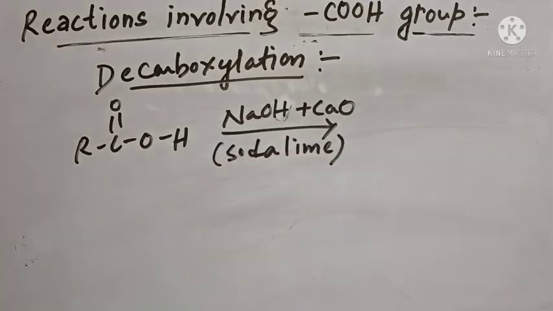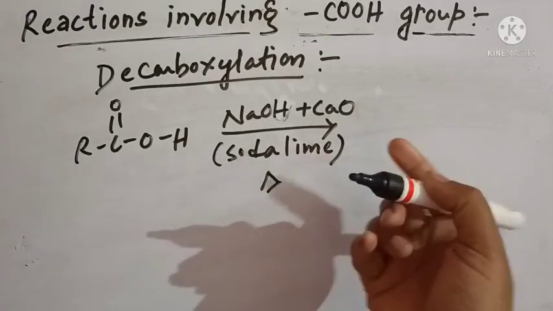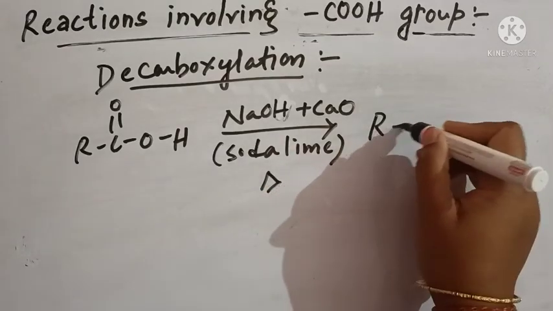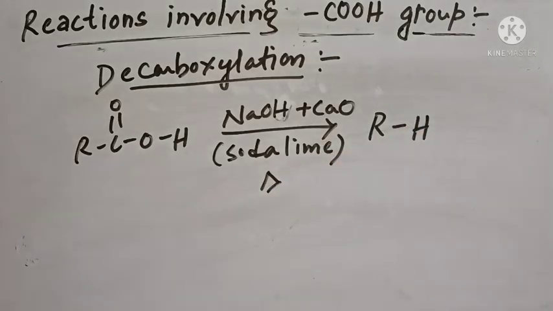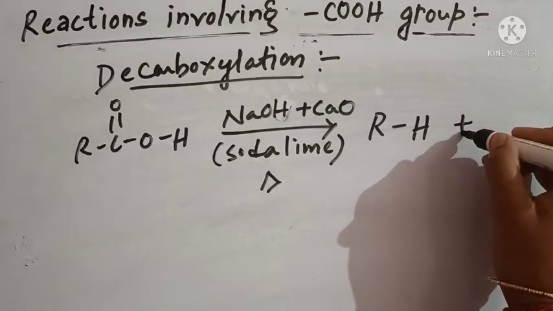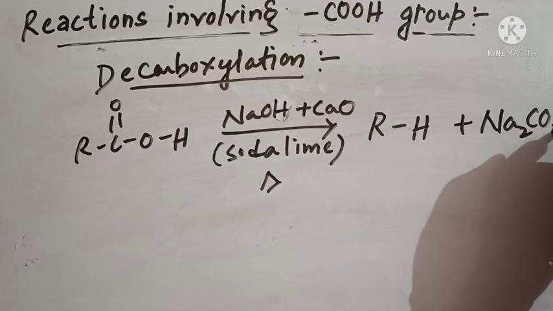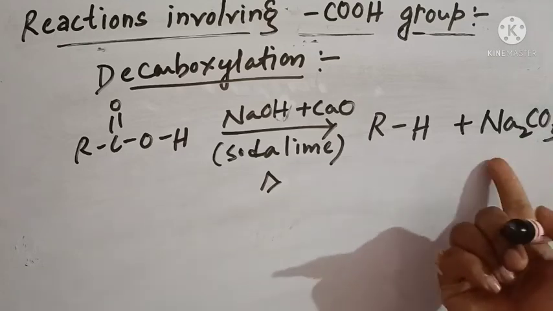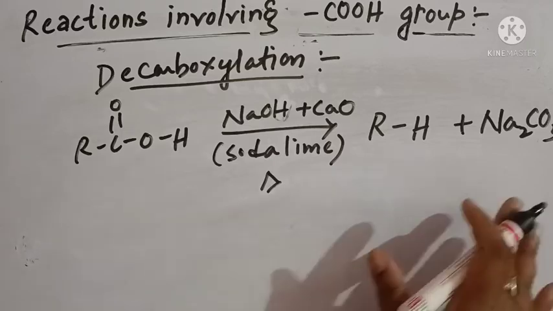So when the carboxylic acid is heated with the soda lime, there will be the removal of carbon dioxide. There will be the formation of a hydrocarbon along with the carbon dioxide, as Na2CO3 will form, which on further decomposition will give you the carbon dioxide. So this reaction will take place.